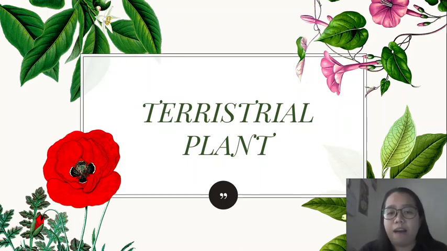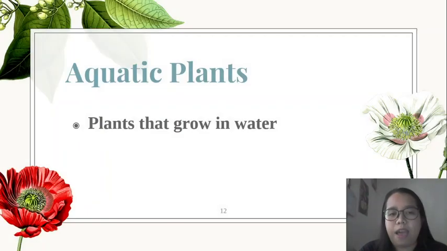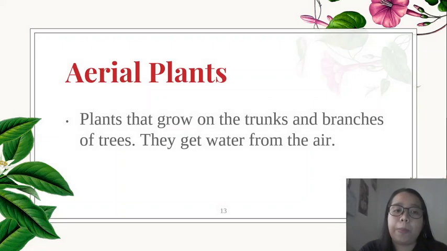Let us define some words that we will encounter as we go along with our discussion. First, we have terrestrial plants. Terrestrial plants are plants that grow on land. We have aquatic plants, plants that grow in water, and aerial plants, plants that grow on the trunks and branches of trees, and they get water from the air.